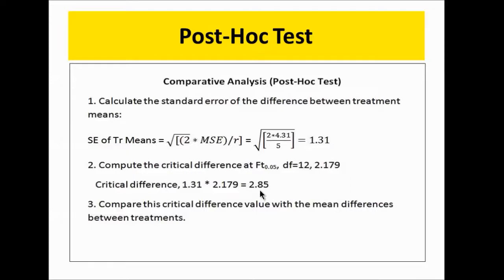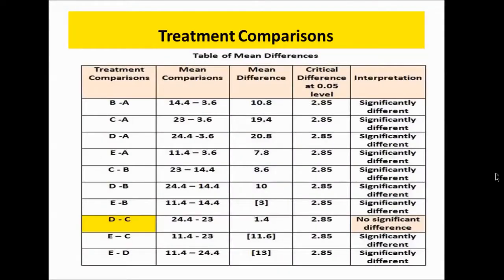If this value is smaller than the difference between two treatments, then there is a significant difference between the effects of the two treatments. We can summarize that in the next table. Here are the treatment comparisons. So treatment B minus A, C minus A, the mean of B minus the mean of A. So we obtain these means, and then we find the difference.